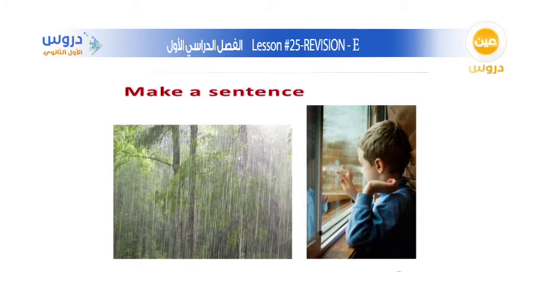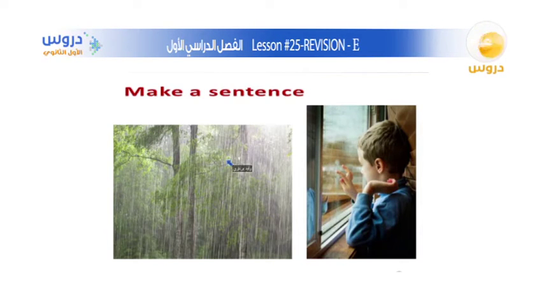Alright. Let's ask Mr. Computer to give us the sentence here. If it rains, I will stay at home. Alright, and then the condition, present simple, verb number 1, if it rains, what's the result?